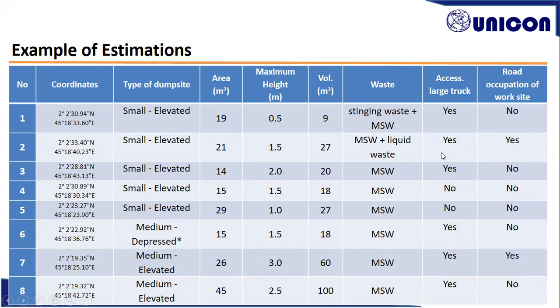Then in all dump sites except dump sites 4 and 5, large trucks can reach the sites. Then we consider also road occupation or work site. In some cases, yes, and in others no.